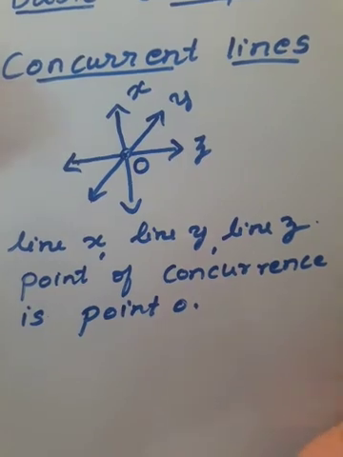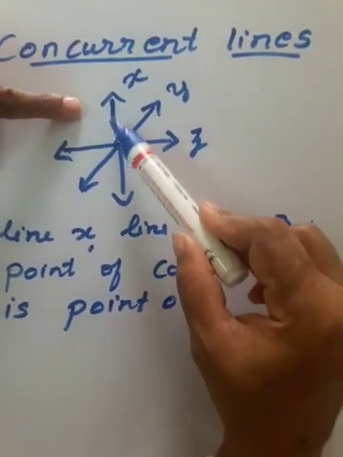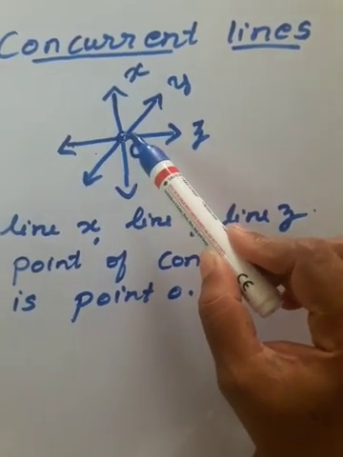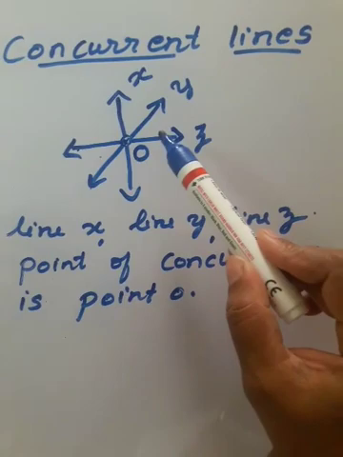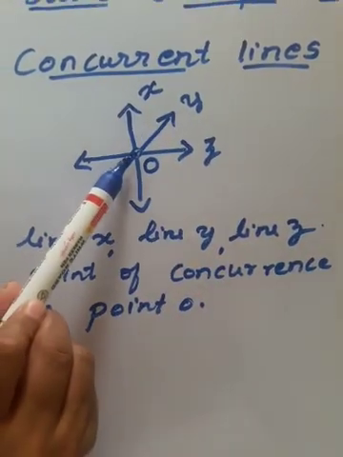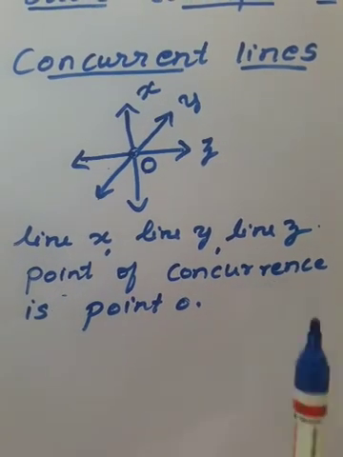What are concurrent lines? When 3 or more lines pass through the same point, they are called concurrent lines. And the common point through which the lines pass is called the point of concurrence.